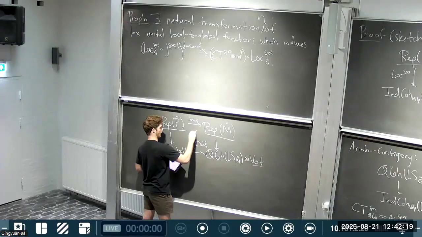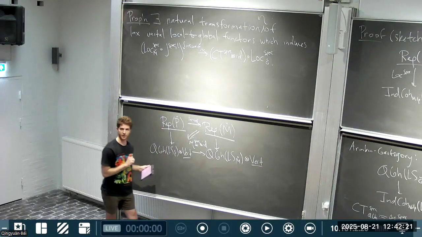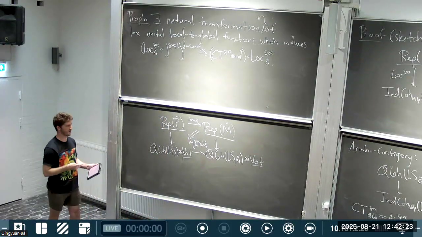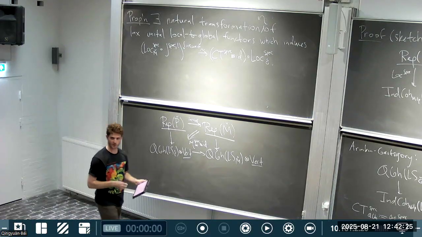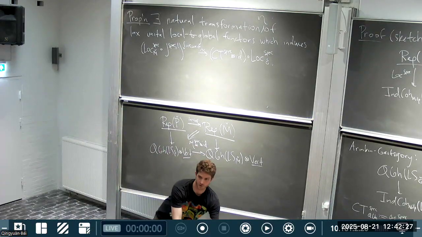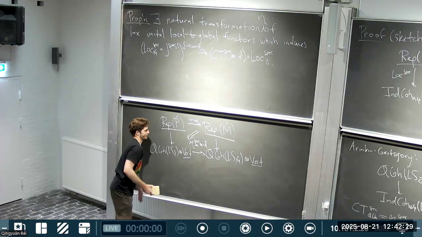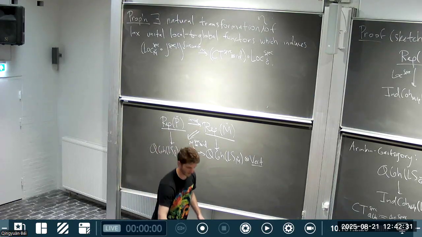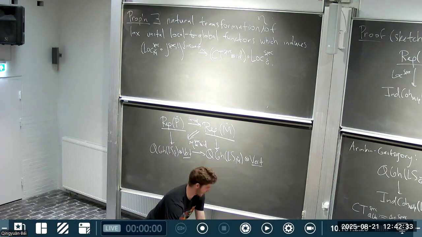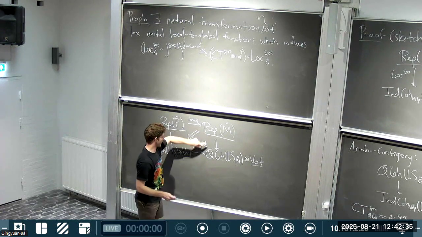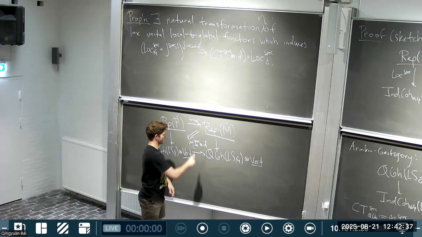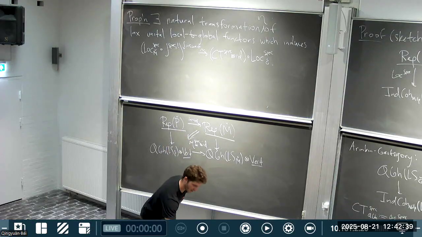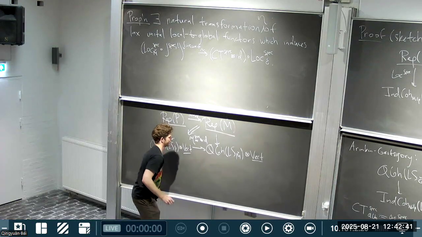And a priori, we just have a natural transformation in this direction coming from the fact that it commuted on the nose before I passed to the right adjoints. When I pass to the right adjoints, it commutes up to a natural transformation. And so now the claim is that when I apply integration along insertion of the unit to the upper right leg, it becomes an isomorphism.